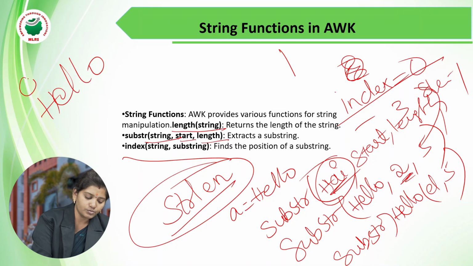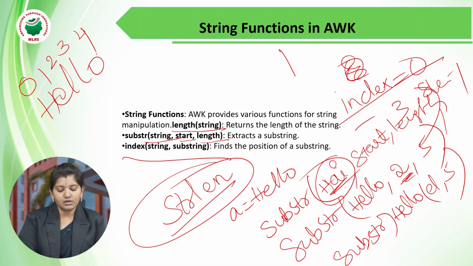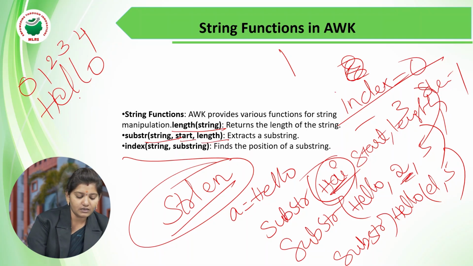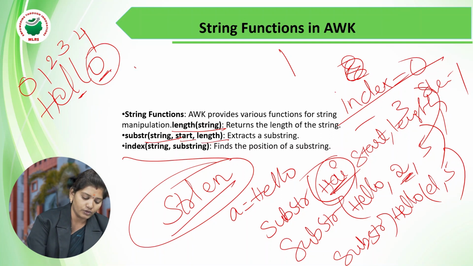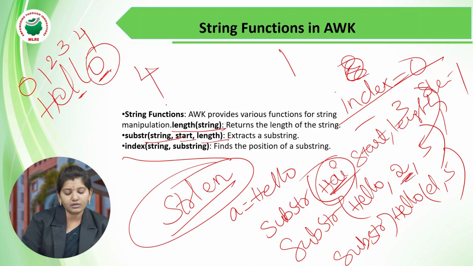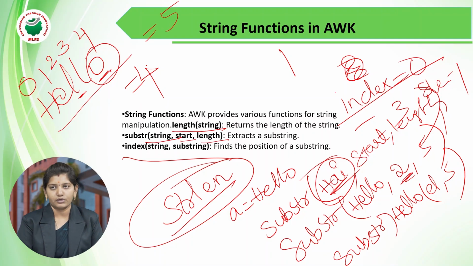This is the 0th position, this is the first position, this is the second position, this is the third position, and this is the 4th position. So the index of O is nothing but 4. If the length of hello is 5, the last index is always 4 because the index always starts with 0.